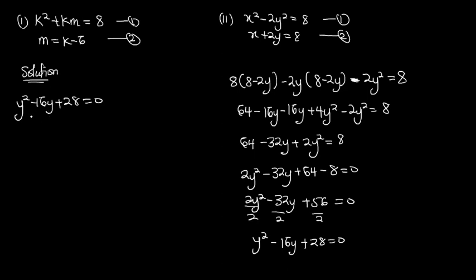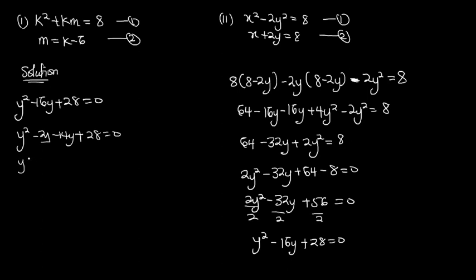Alright, so 14 and 2 will do that. So negative 14, negative 2 will give me positive 28, but negative 14 plus negative 2 will give me negative 16. So I have here y squared minus 2y minus 14y plus 28 is equal to 0. So from here I can factor out y.